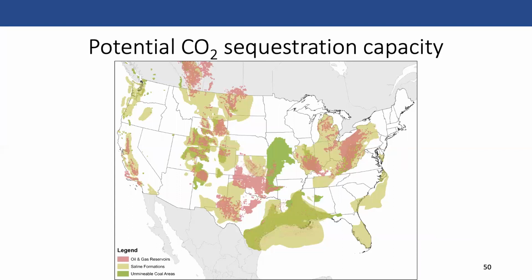And this is a rough map to give a sense of where we could potentially do sequestration and store it away. So CCS stands for carbon capture and sequestration. Once you combust it, you take the CO2 and shove it underground. That's the idea here.